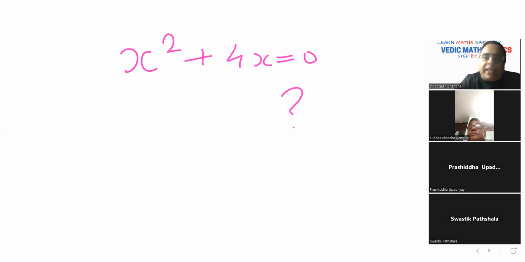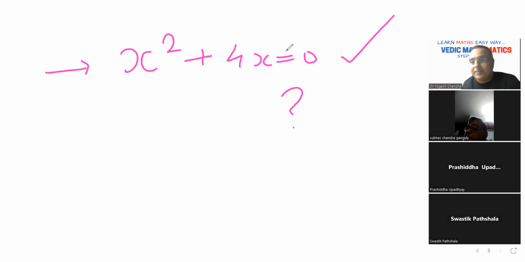Okay, why do you think it is not a quadratic equation? There is no c. See, I'll tell you one thing. This is a quadratic equation. You need to remember 3 things.